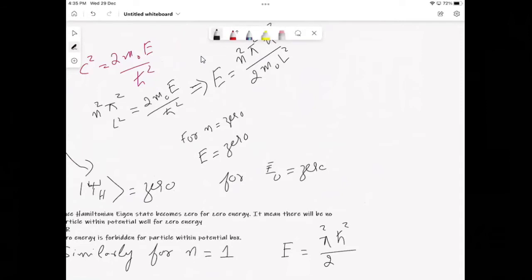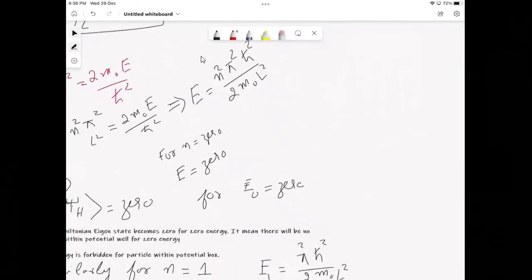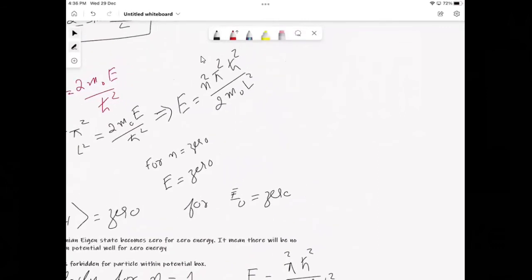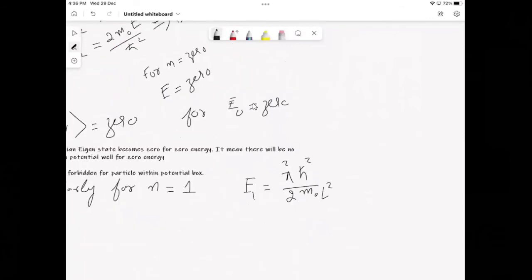This will be E1. That will be the lowest energy state. Zero will not be the lowest energy state, but this will be the lowest energy state.